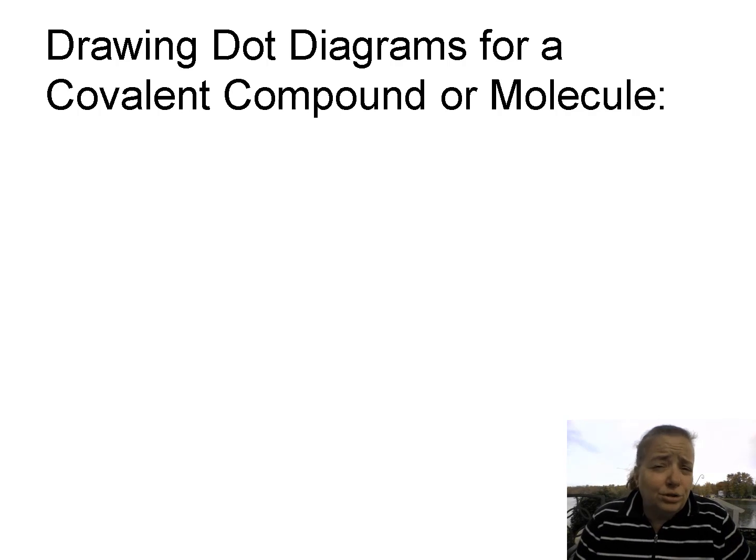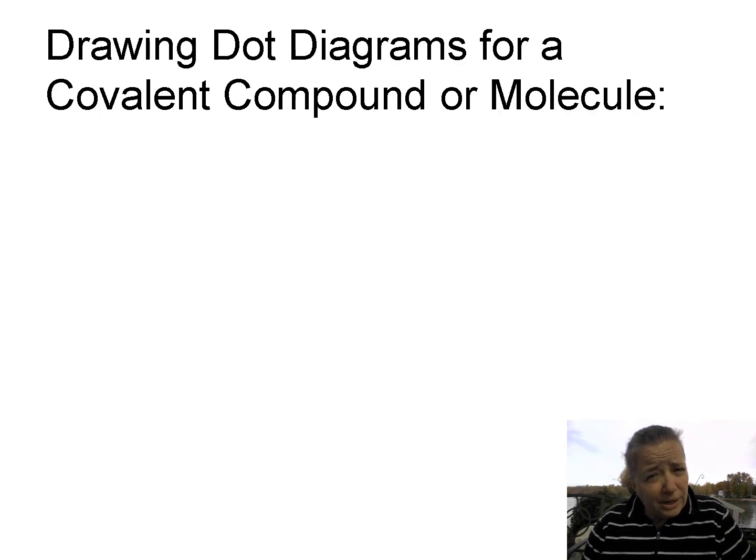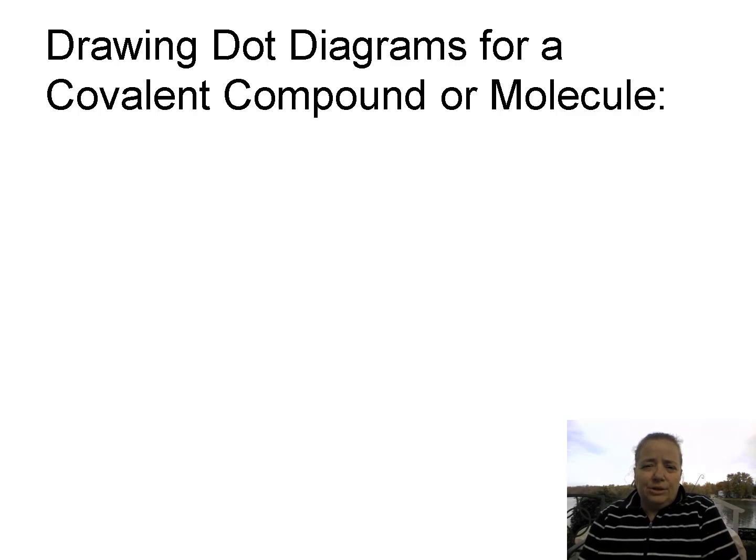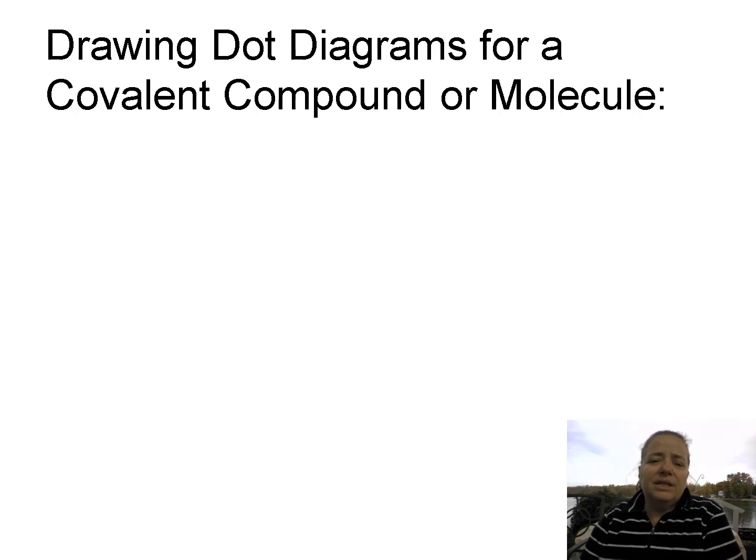What you need to do first is determine of the 2 elements in the compound, which one is your central atom, the one that all the others revolve around. The way that you determine that is that when you draw your diagram of each of your elements, you spread your electrons out as much as possible. So one on top, one on bottom, one on left, one on right, and then double up if you need to. And then you count how many of them are not doubled up. So how many unpaired.